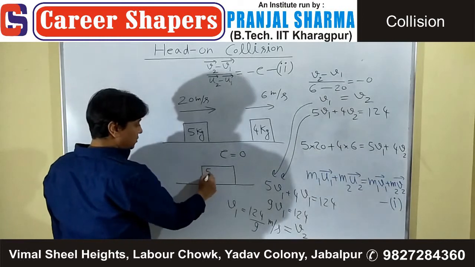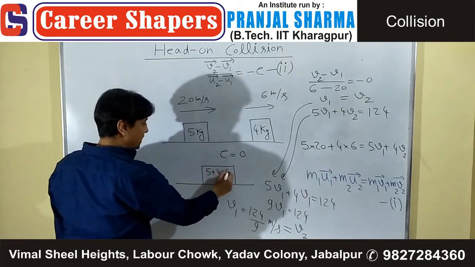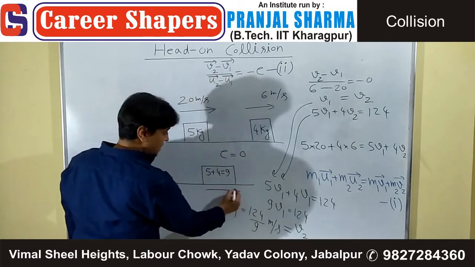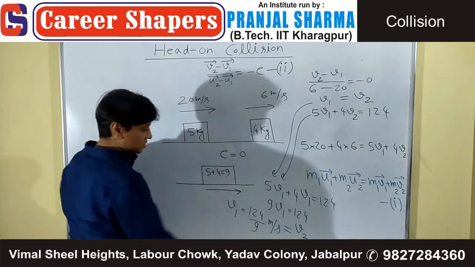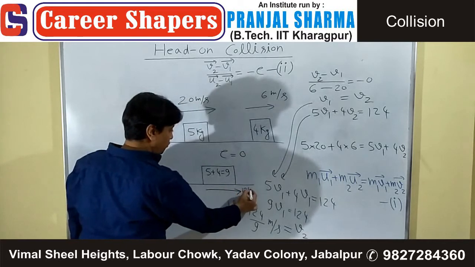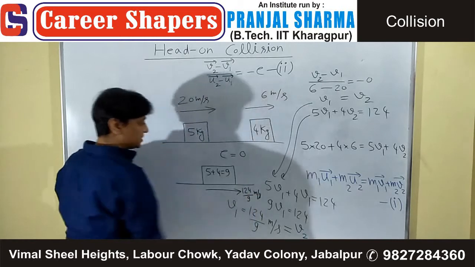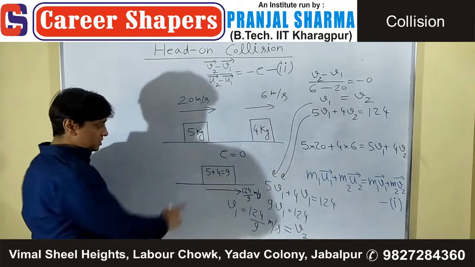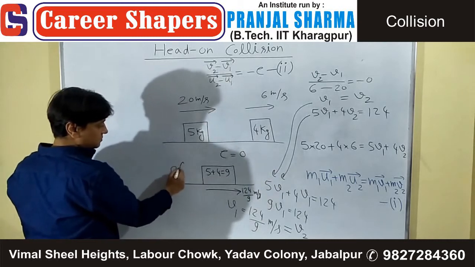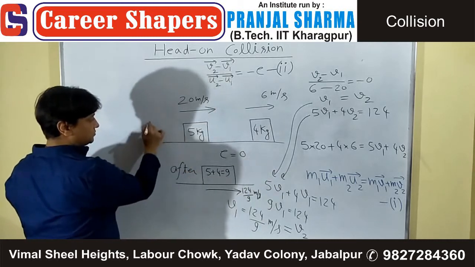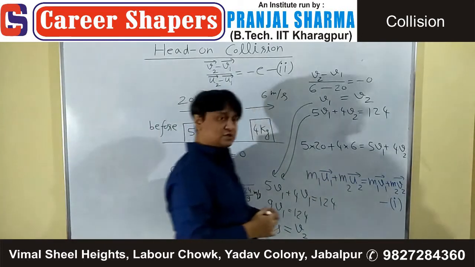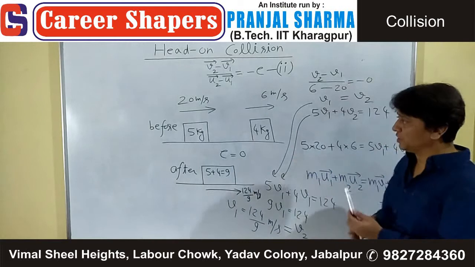You can say that the whole mass of 9 kg, 5 and 4, is moving in this direction with a velocity of 124 divided by 9 meters per second. They stick together and move in this direction. This is after collision, this is before. That's how you can find V1 and V2.